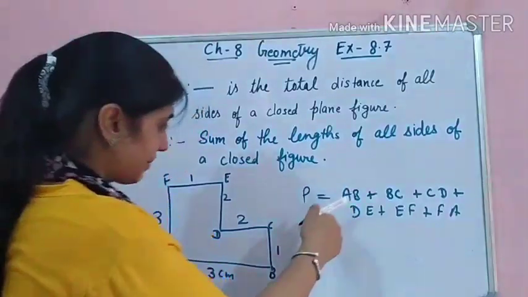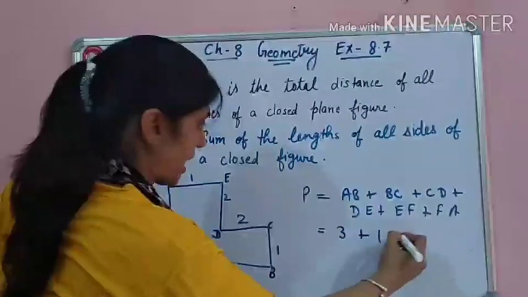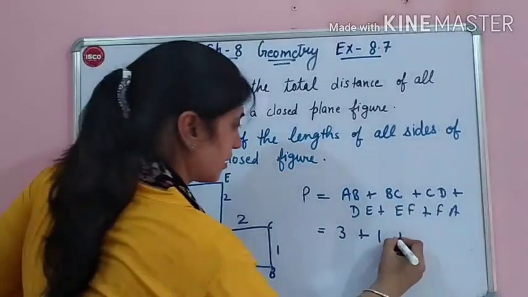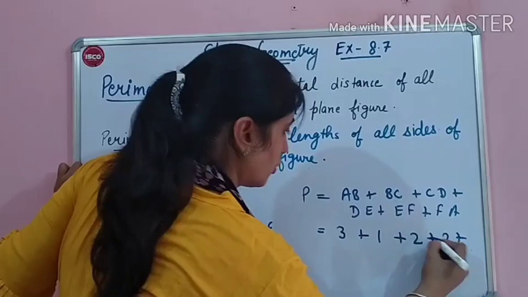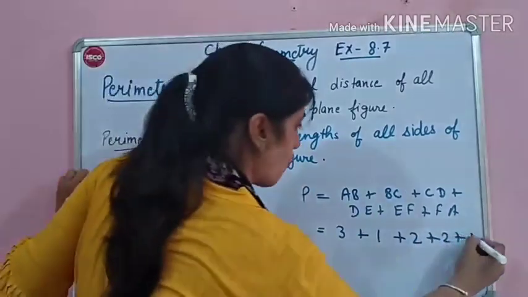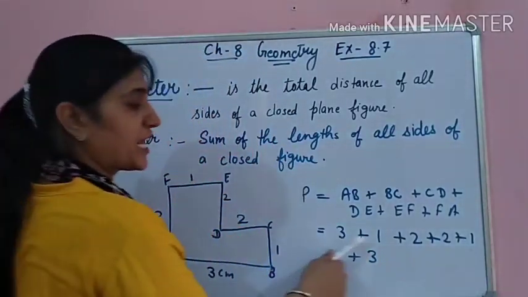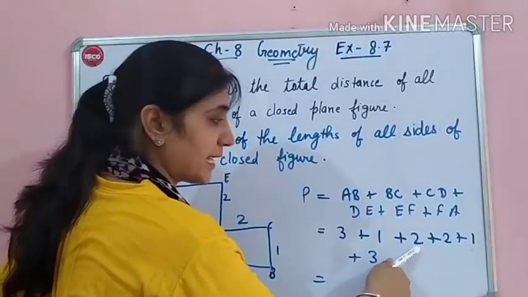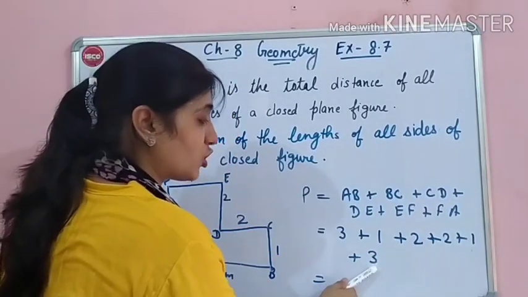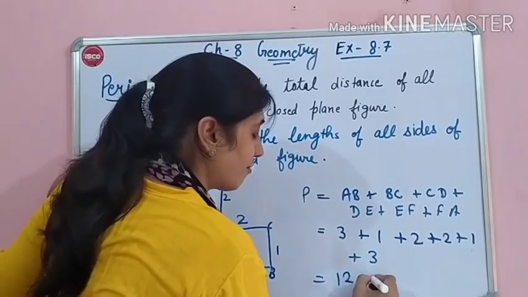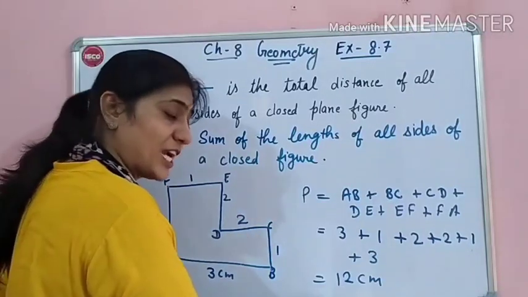What is the measurement of AB? 3 centimeter plus BC 1, then CD 2, then DE 2, then EF 1, then FA 3. Now add them. 3 and 1 is 4, 4 and 2 is 6, 6 and 2 is 8, 8 and 1 is 9, 9 and 3 is 12. 12 centimeter. The perimeter of this figure is 12 centimeter.